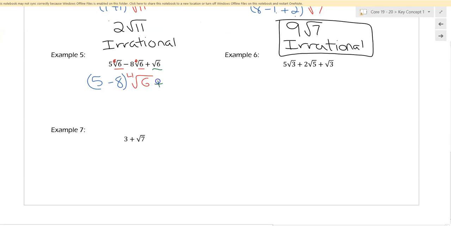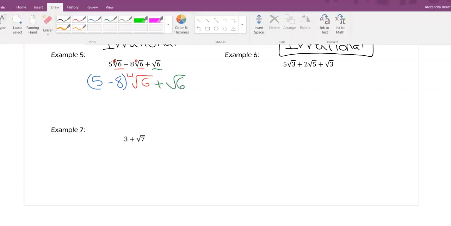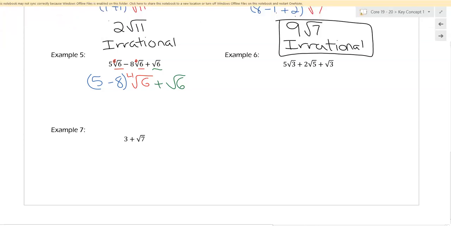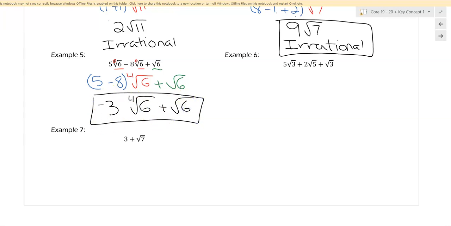And then plus our square root 6 just gets tacked on at the end. So 5 minus 8 is negative 3 fourth root of 6, plus the square root of 6. Okay. There's a lot of things here that we cannot simplify. So this is irrational. Again, square roots left in your problem make it irrational.